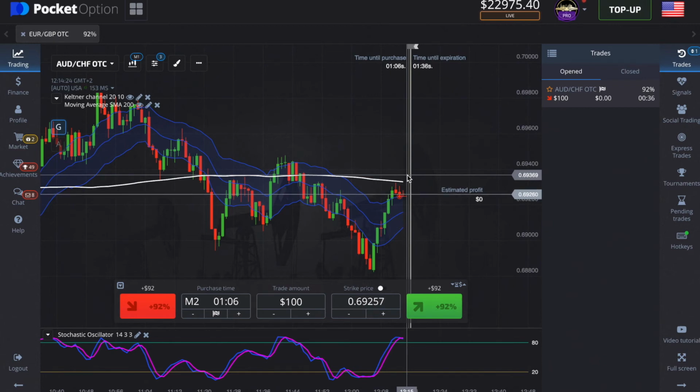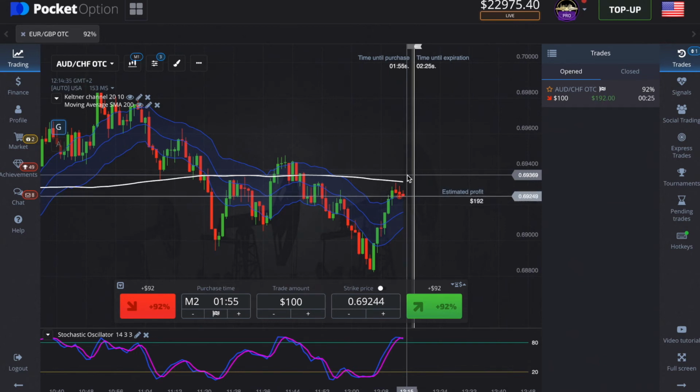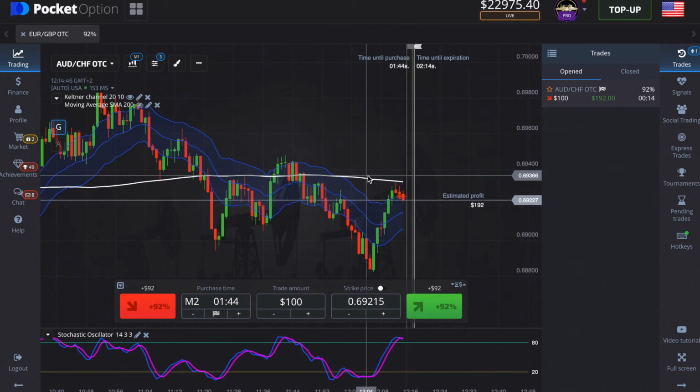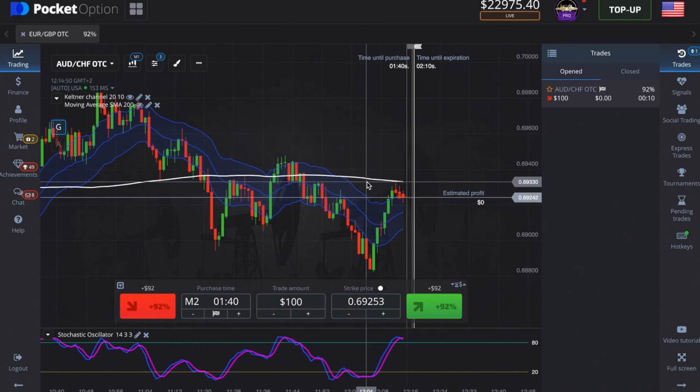It's a little laggy though. My entry got really messed up with this lag. But I'm gonna win this one. Again, it is in the downtrend. So like I said, I have a bias towards put positions. I was supposed to enter way up here, but because I'm screen recording, my entry got really messed up, which sucks, but I should win this one anyway.